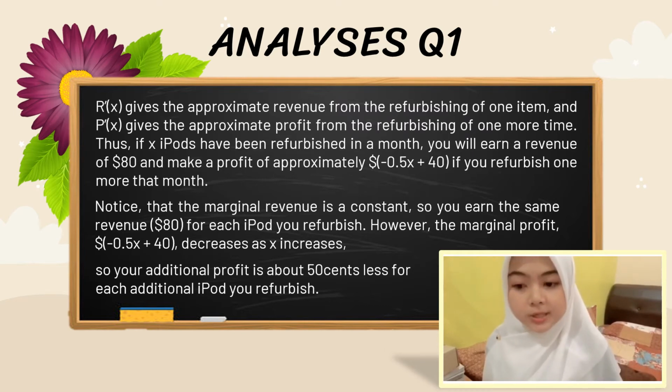Notice that the marginal revenue is a constant, so you earn the same revenue, which is $80, for each iPod you refurbish. However, the marginal profit, negative 0.5x plus $40, decreases as x increases. So your additional profit is about 50 cents less for each additional iPod you refurbish.